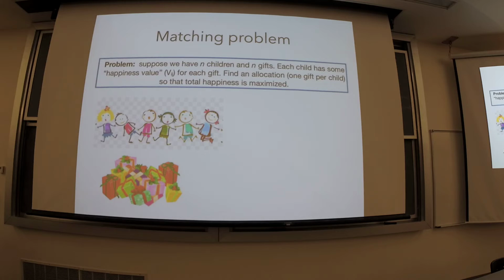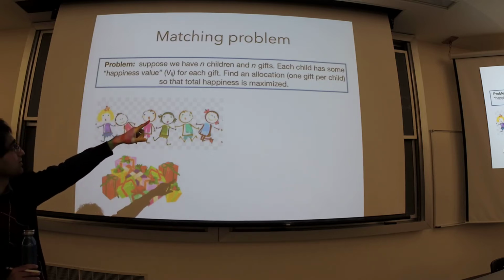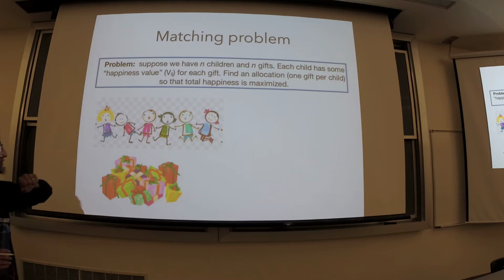Okay, so you have a bunch of children and a bunch of gifts, and each child has some happiness value for each gift. Okay, this we said was Vij. You'd like to find an allocation so that the total happiness is maximized. And the total happiness is just defined as the sum of the happiness values of this assignment.